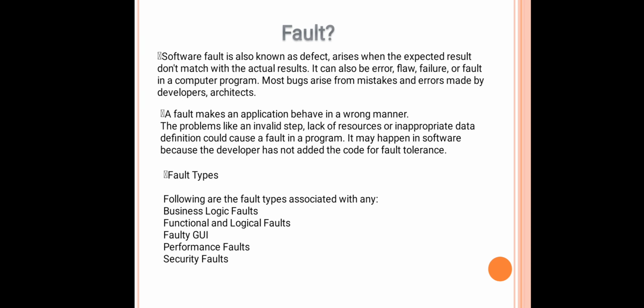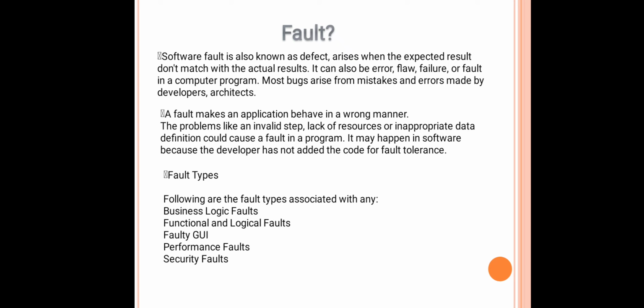So the next one is a fault. A software fault is also known as a defect, and it arises when the expected result doesn't match the actual result. The actual result is nothing but what your customer wants, and if there is a mismatch between the actual result and expected result, then there is a fault in the application or program. It can also be called an error, flaw, failure or fault in the computer program.